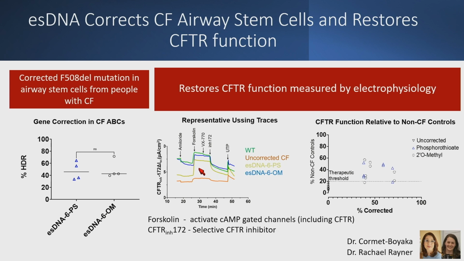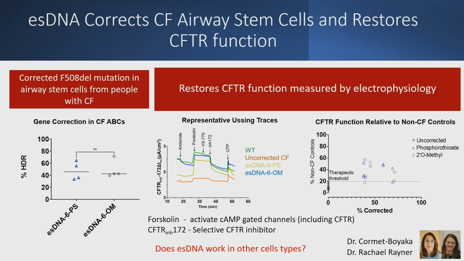Forskolin is an activator of the channel. And so this data shows that CFTR function was restored with our esDNA templates when compared to the uncorrected cells. And they gave between 30 to 60% gene correction compared to the non-CF controls, and this is above the 20% that's considered therapeutically relevant.